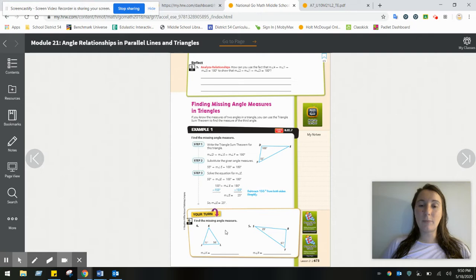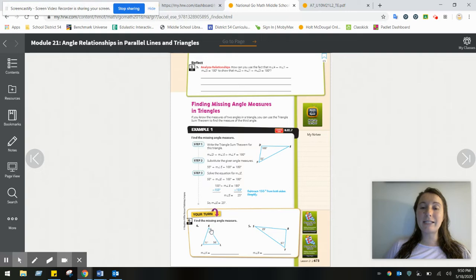Let's find the missing angle measurement for triangle JKL in number 4. I'm going to add 71 plus 56 to figure out what I'm missing to get to 180. So 71 plus 56 is 127.